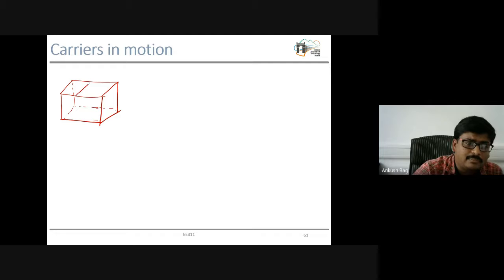If we take a small cross section within this semiconductor, and after applying electric field E, let's say this is an N-type semiconductor, then the carriers are moving in this way. Within time dt, the distance these carriers travel is simply the drift velocity multiplied by the time dt.